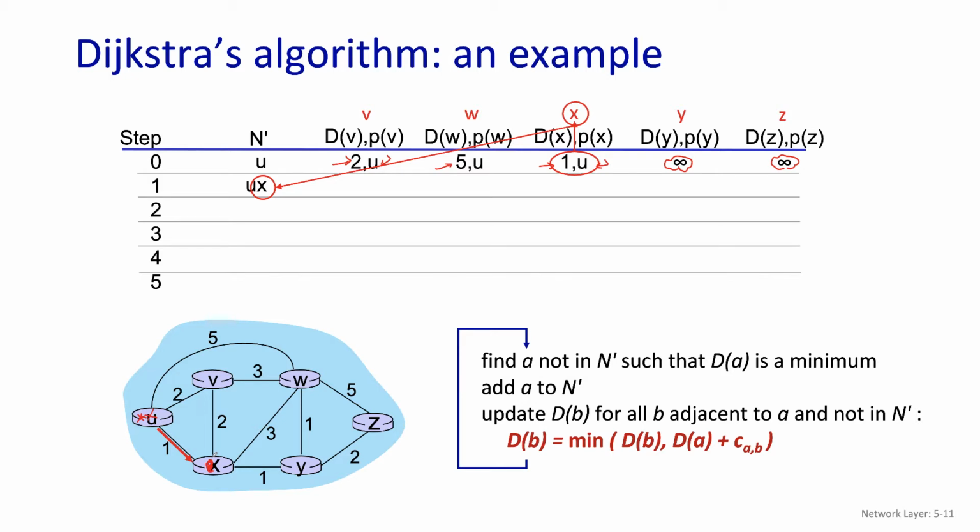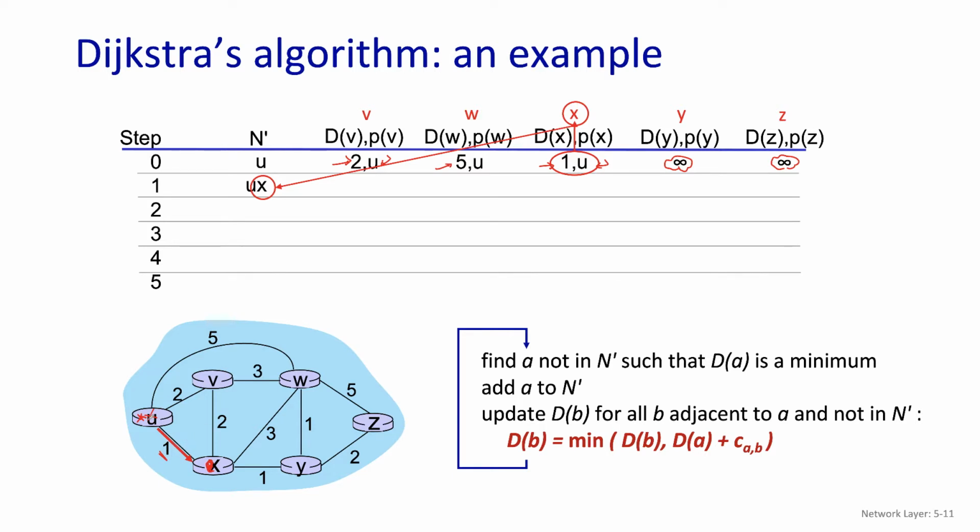Now let's see how much it costs me to move from X to V. As you can see, the cost here is 2, right? But don't forget, and this is what students always forget, how much did it take you from U to X, which is in this case 1. So most of the time you will have to combine these two together.